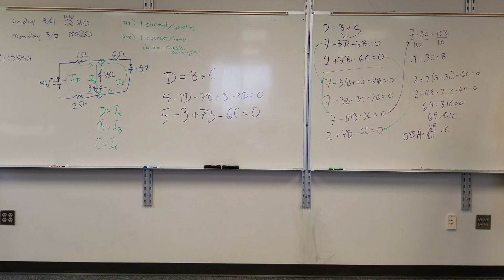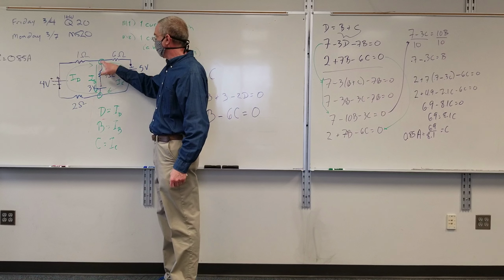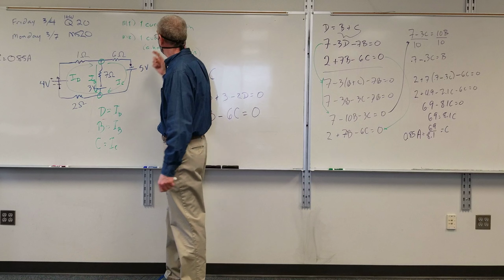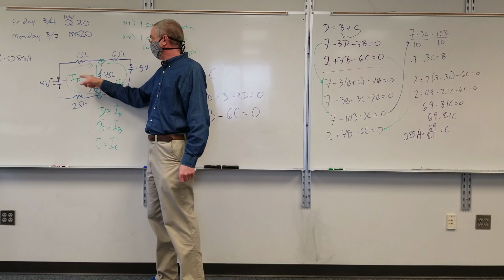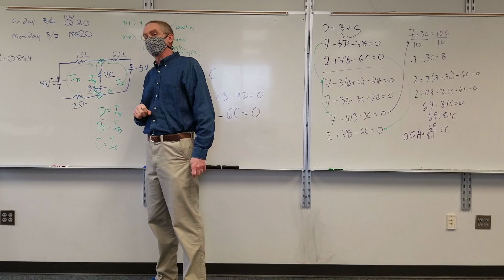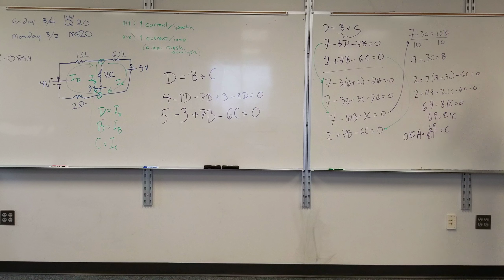When you introduced this, you said you were doing the first method, but it seemed like we did 1 current per loop, right? We did 1 current per path. Because getting from here to here, there's 3 paths. I have 3 currents. If I did 1 per loop, I have 2 loops, and so there would be only 2 variables. Okay, I see. Thank you. I'm just catching up.